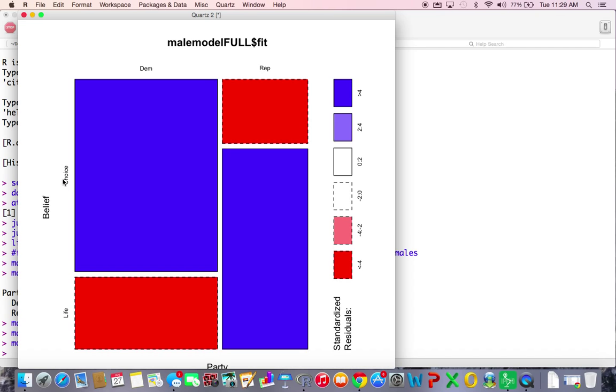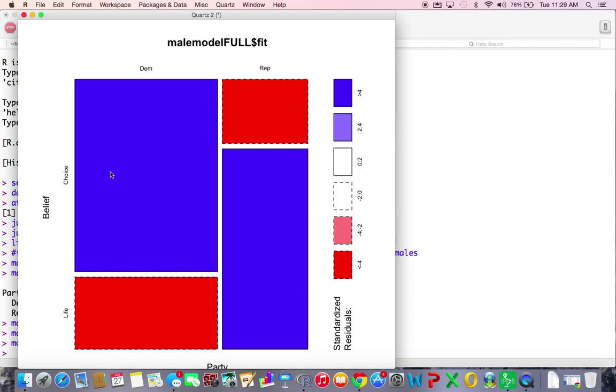And I look across the belief, choice and pro-life. What do we see here? First of all, we get blue, which is a standardized residual greater than 4. So for both of these cells, the observed cell count is far more than we would have expected under the null hypothesis, which said there's no relationship.